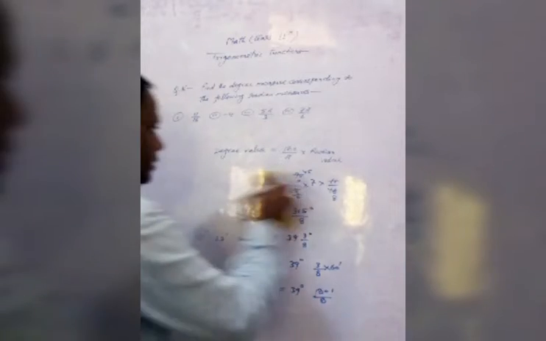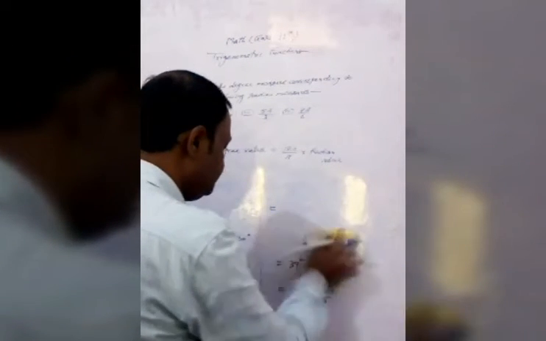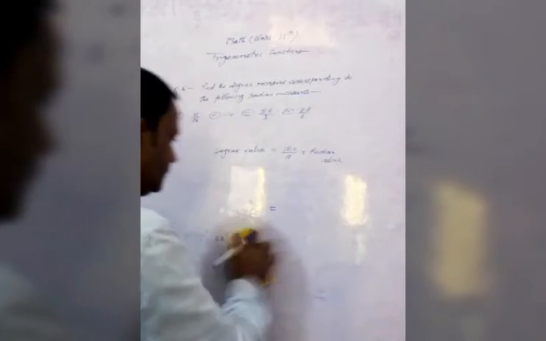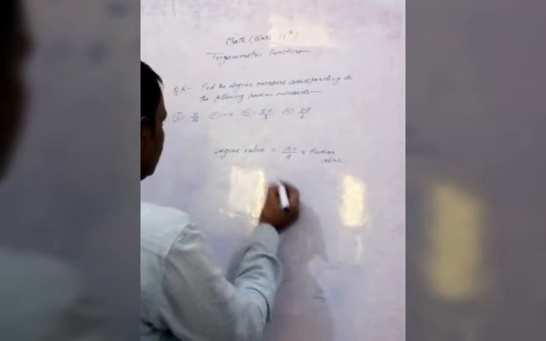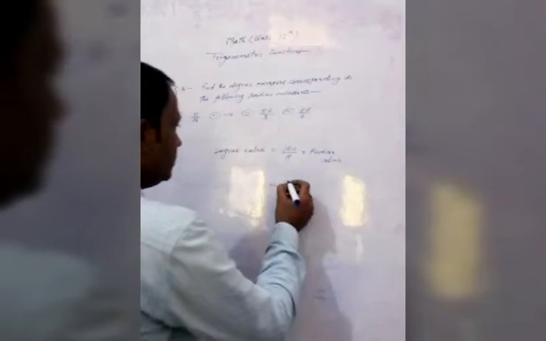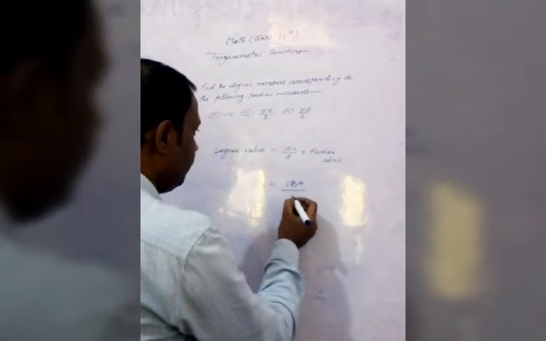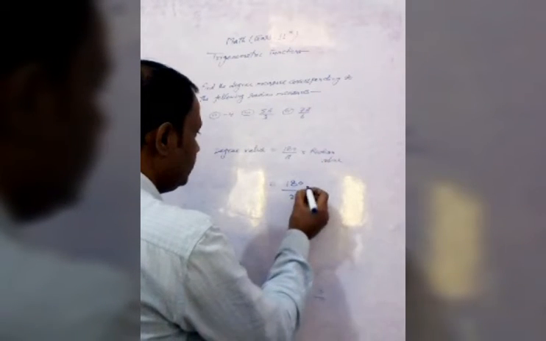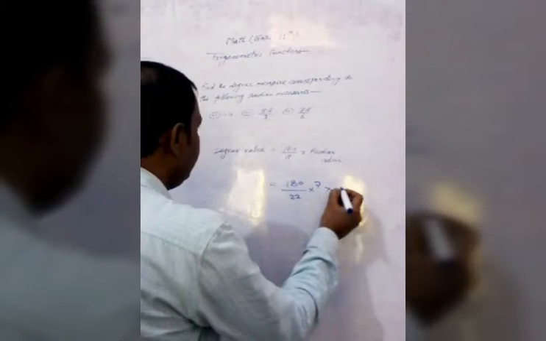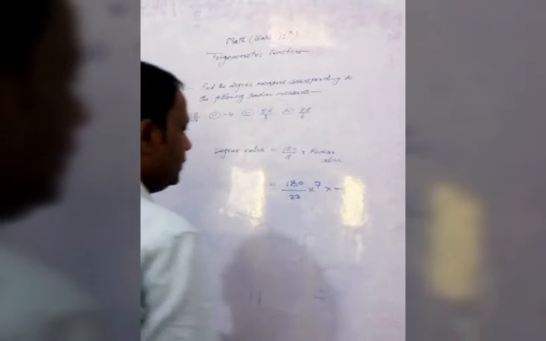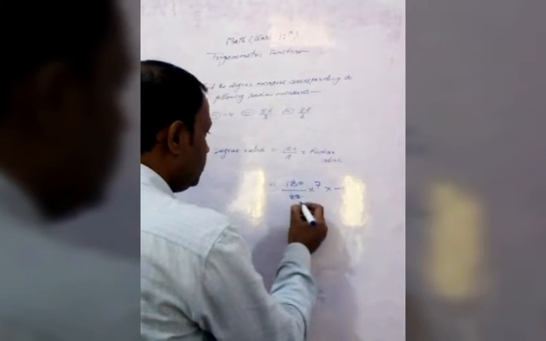Let's move next. The another part of this question is minus 4 radian. So put the value here. 180 upon pi is 22 by 7, and radian value is minus 4. 2 2 is 4, 11.